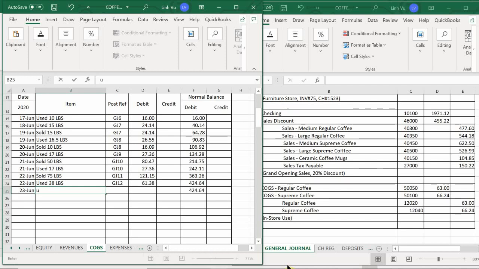I used 39 pounds of my regular coffee, which cost me a total of $63 even. Should bring my running balance to be $487.64.